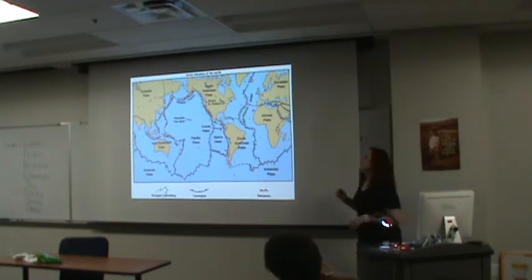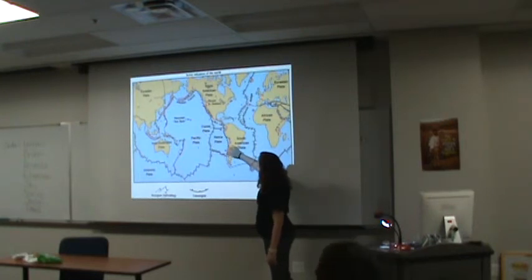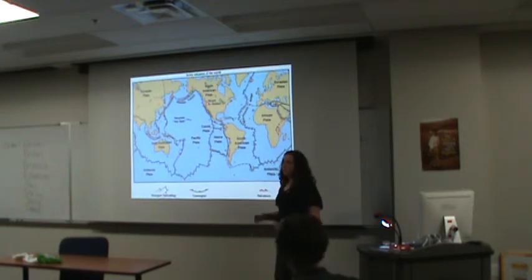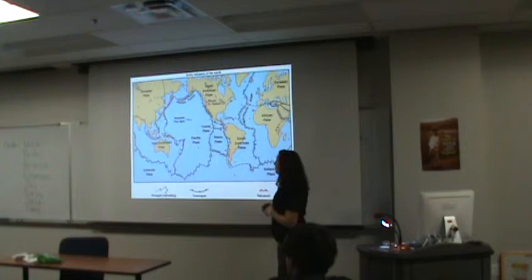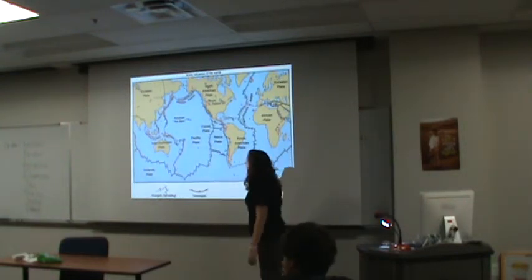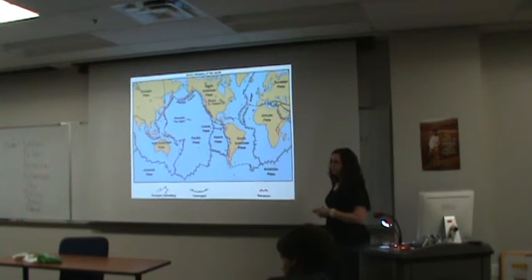So on the coastline of South America, all these red dots show active plate boundaries, which means that they can cause either earthquakes, volcano eruptions, different ridges and things forming under the ocean and everything. Just means that they're active compared to, like, there's not very many in Australia that are active. And are all the red dots volcanoes? No, it just shows that those areas are going to be active. Okay.